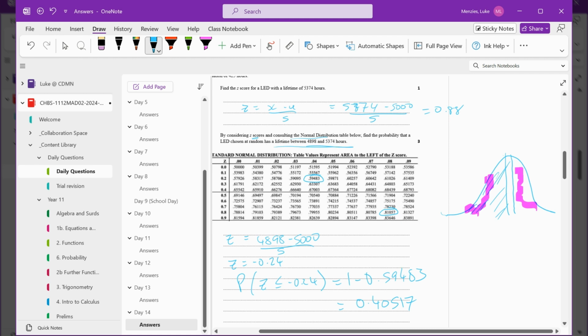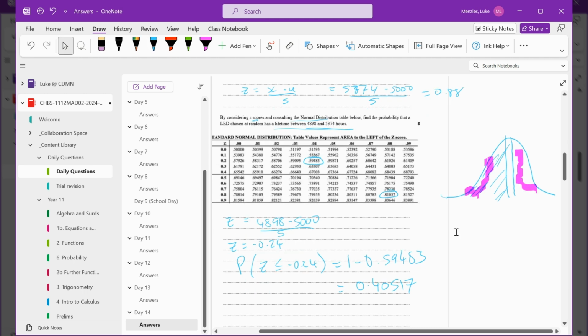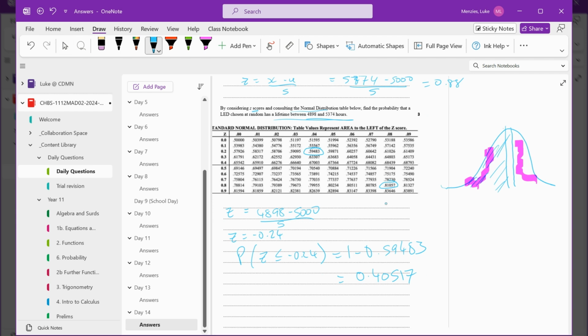Now we want to find the probability between these two. So we're just going to subtract our two values from the table. So the probability of a score between negative 0.24 and less than or equal to 0.88 is going to equal those two subtracted from each other.